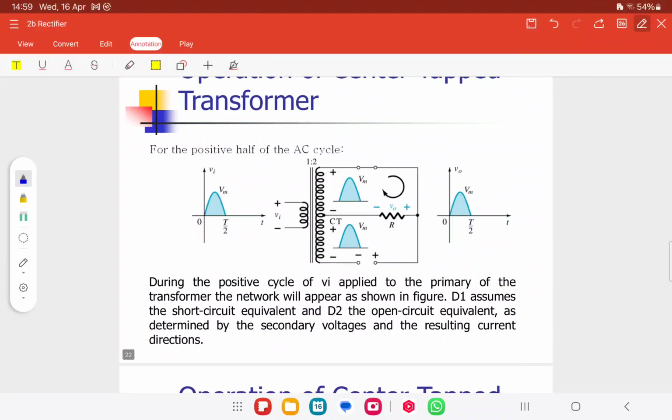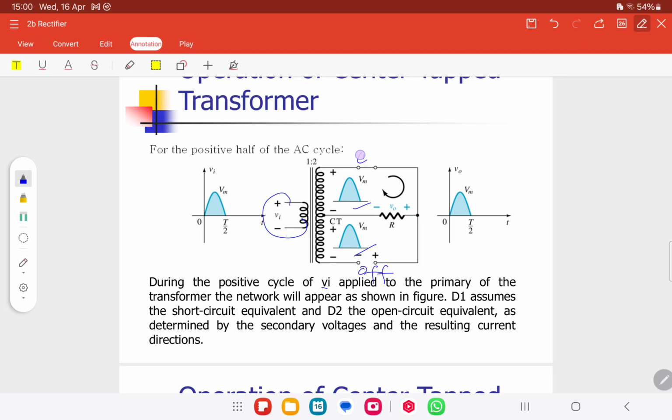Okay, for the positive half of the AC signal, this is for the first one. During the positive cycle, the VI applied to the primary of the transformer appears at this one, and this is the second output. Sorry, for this one it does not get any because this is off.